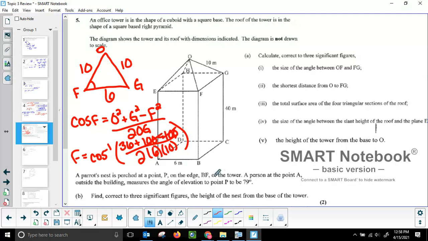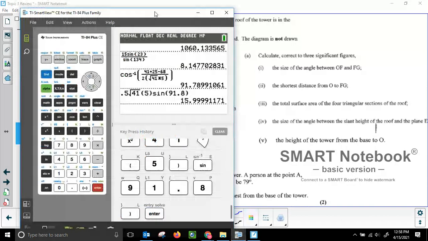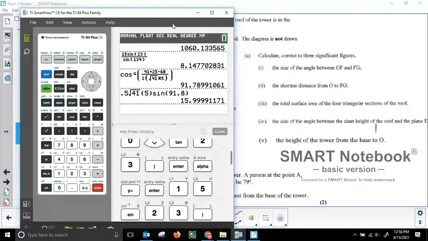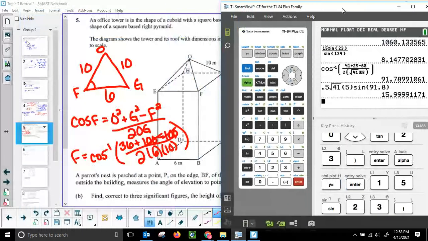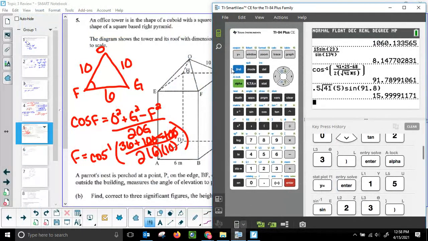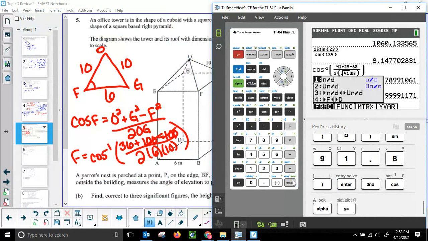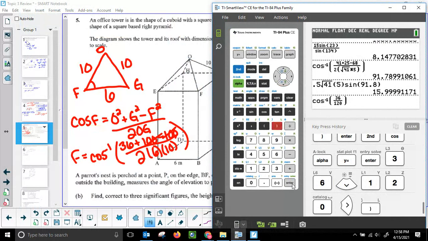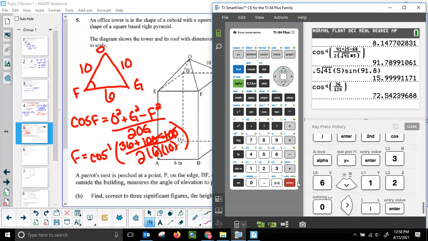All right. So we will do the inverse cosine of 36 over 120. And we should get 72.5 to 3 sig figs.